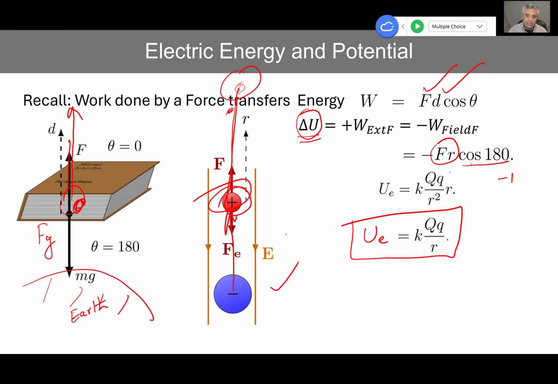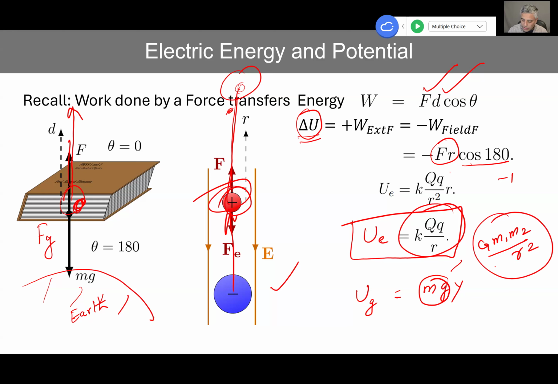So that's the formula. It's like saying gravitational potential energy is mgy, that's what we used. Remember, this mg can also be written as G m1 m2 over r squared. If we were to use that one and cancel this y with one of the r's, then you have exactly the same equation: G, some constant, times the product of two masses over r.